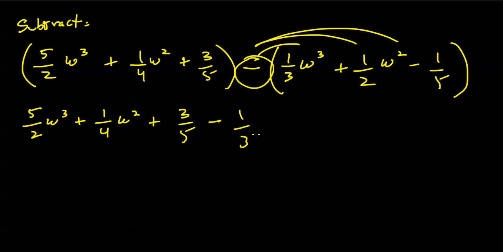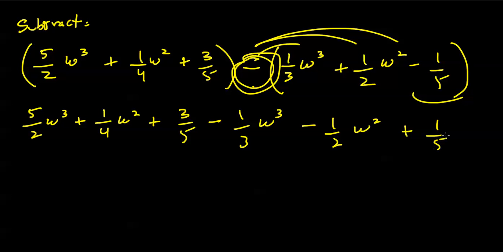So I get minus 1/3 w cubed, minus a plus is negative 1/2 w squared, and minus 1/5 is plus 1/5.